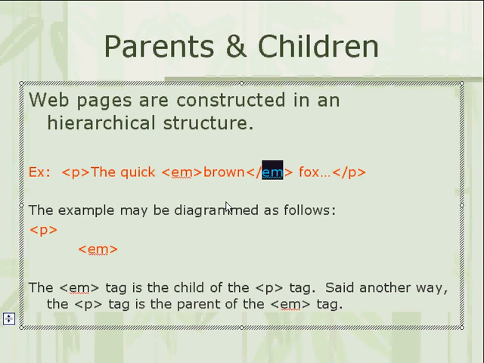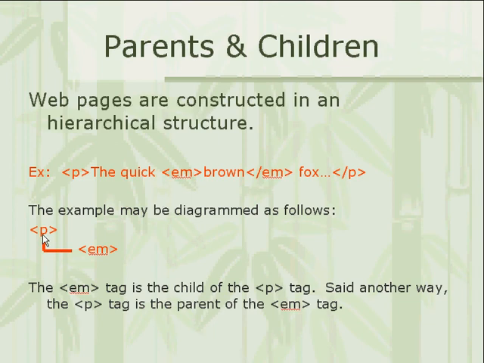This is called tag nesting, is one way to put it, and it shows that HTML really has a hierarchical structure to it. And you could also demonstrate that concept with this diagram here, where you can see that under the P tag, or inside of it, you have something emphasized.